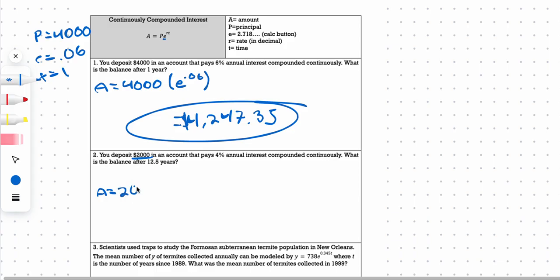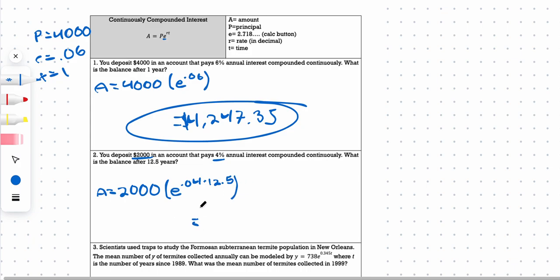That's just asking how much did we deposit? 2,000. Then we say E to the, well, what's our R? What's our rate in decimal? That's 4% as a decimal, which is just 0.04 times 12.5 years, which is just our time.